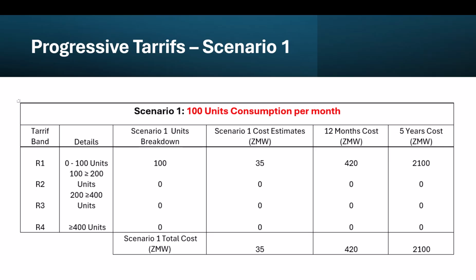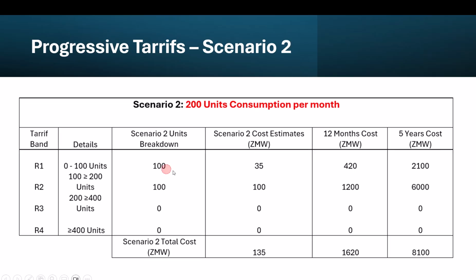So someone would be able to invest in a solar lighting system that costs around 2,100. When we go to scenario 2, we have 8,100 available for investment.